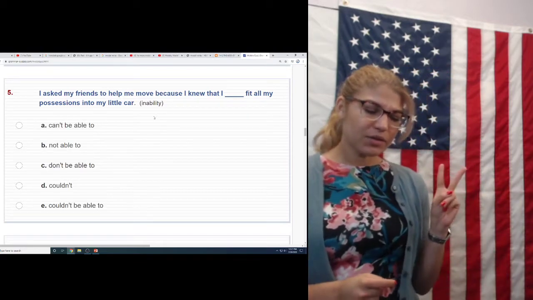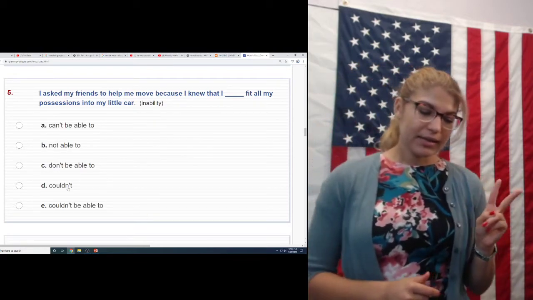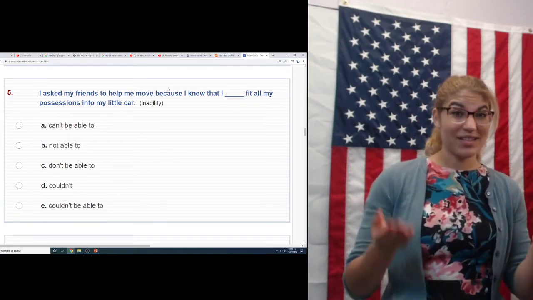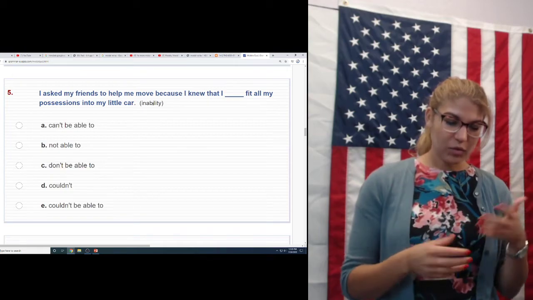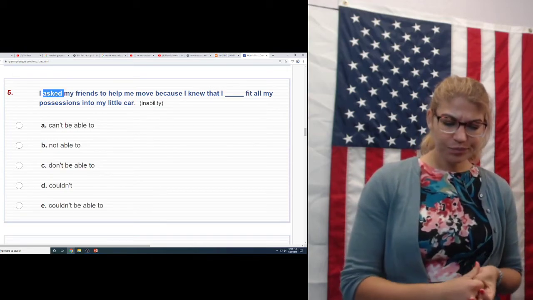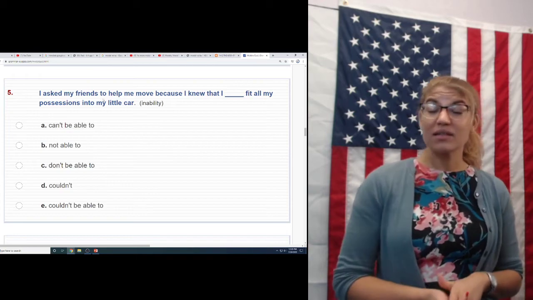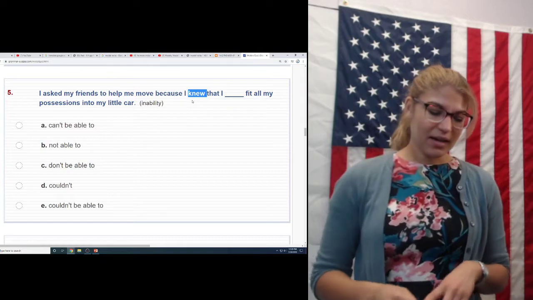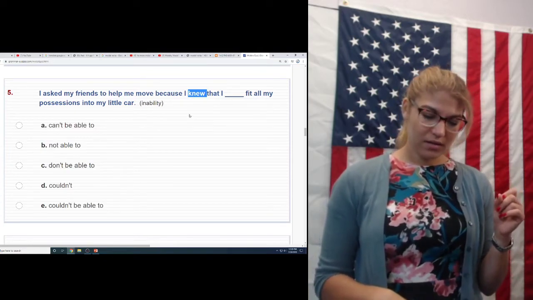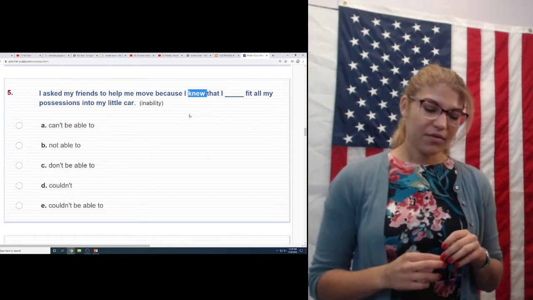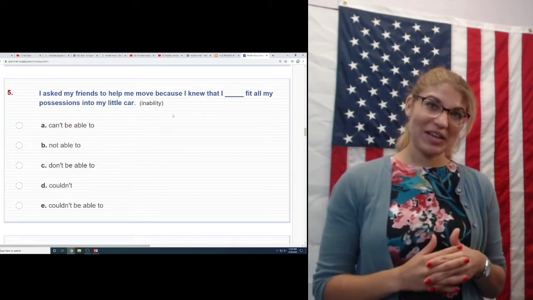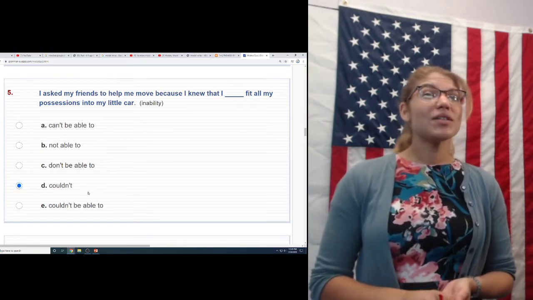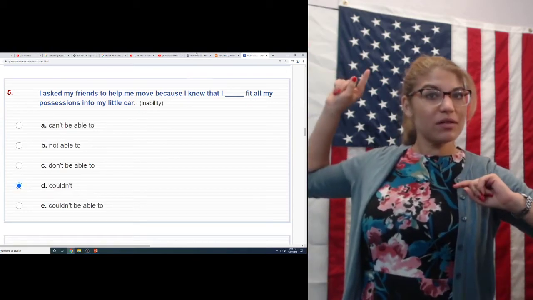Now, the last two are possibilities. Let's see. I asked my friends to help me move. This is in the past. We're talking about something in the past. I asked my friends to help me move because I knew that I couldn't fit all my possessions in my little car. Let's go back to our visual.